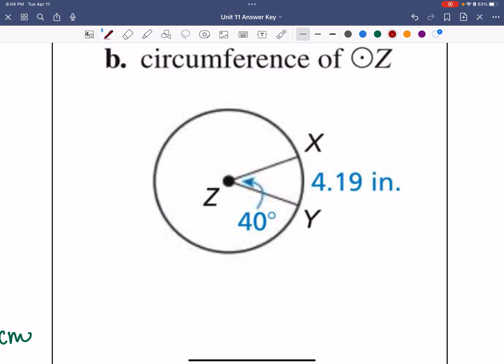In this case, I know the length of XY is going to be 4.19 inches. I know the measure of XY is going to equal 40 degrees. And then I don't know my circumference, which I'm just going to leave as C.